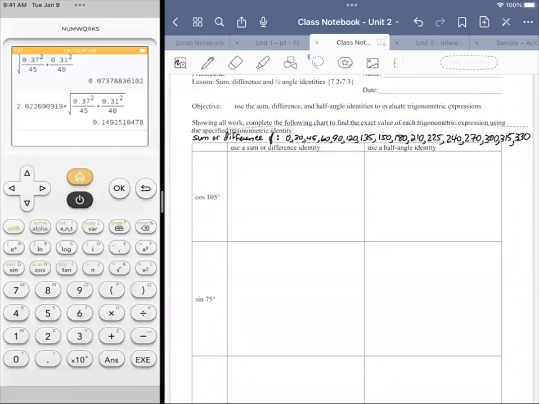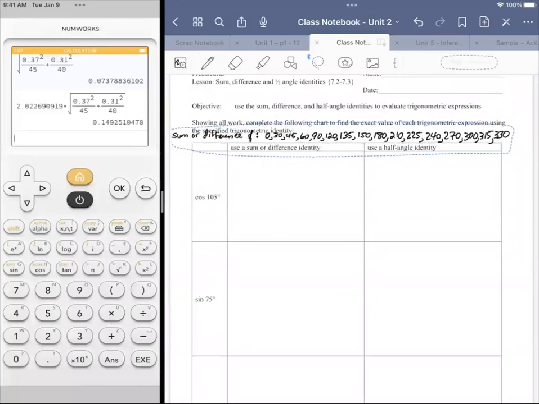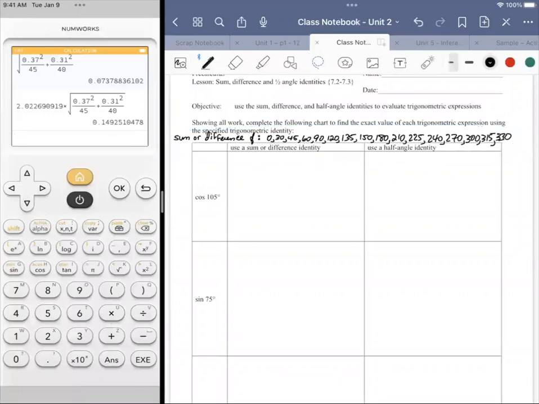I'm going to slide it over. These are all the angles around the unit circle.